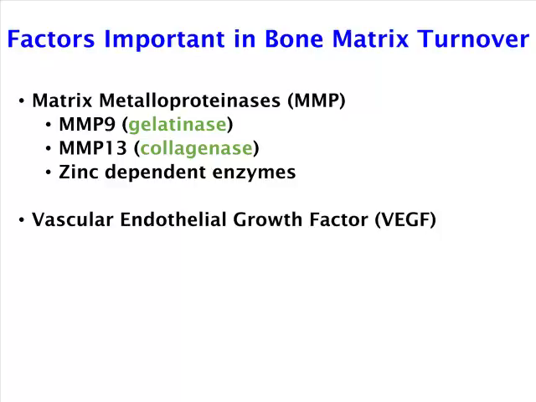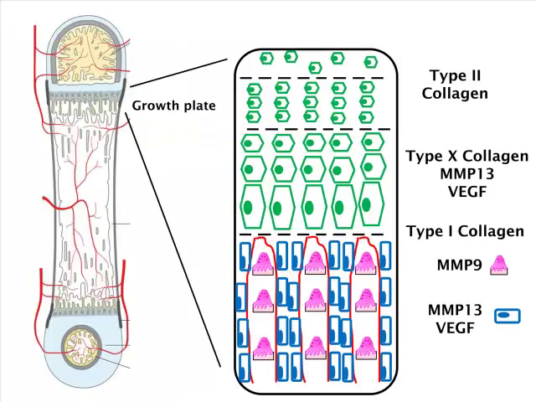Another factor that goes hand in hand with the MMPs is VEGF, or vascular endothelial growth factor, which is a chemoattractant for angiogenesis. To orient you to where some of these signals are released from within the growth plate, the VEGF and MMP13 can be produced by hypertrophic chondrocytes, which also produce type 10 collagen. The reason I show you the collagen there is to show you why there are different signals necessary within the growth plate to break down the different types of collagens and extracellular proteins.